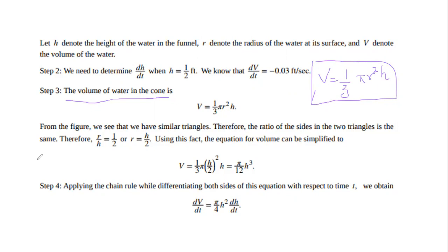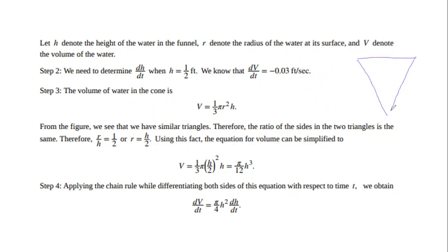Now the next thing is we have to go to the diagram. Let me draw the diagram here. This is 2, and this is 1. The radius is 1. This is r, and this is h.